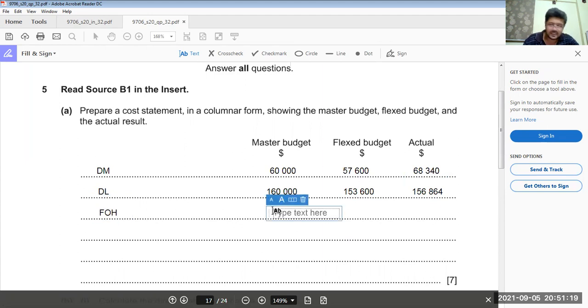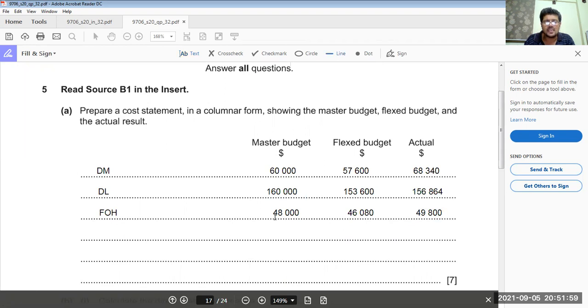In master budget, the FOH is given as 48,000. Now see, 48,000 divided by 2,500, 19.2 is the fixed factory overhead rate per unit. Now for 2,400 units, 2,400 multiplied by 19.2. The answer is 46,080, which should be your spending according to your activity level. But actually what happened, we spent 49,800. Getting my point clear?